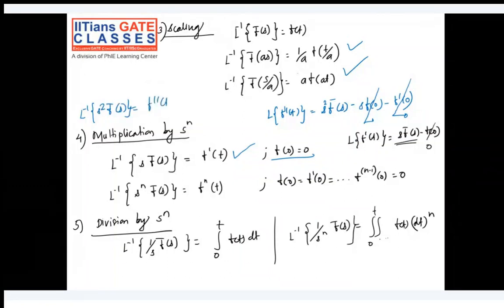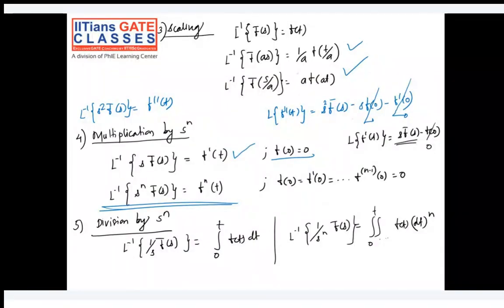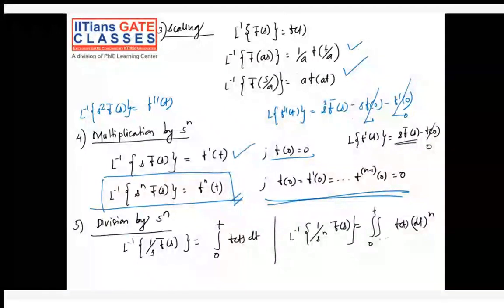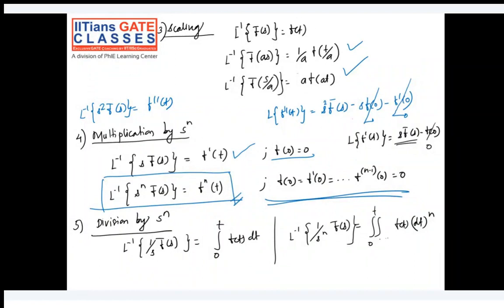So this is in general. If these terms f of 0 and f dash of 0 are 0, then in general you can use this formula. This thing is very, very important. Is it clear?